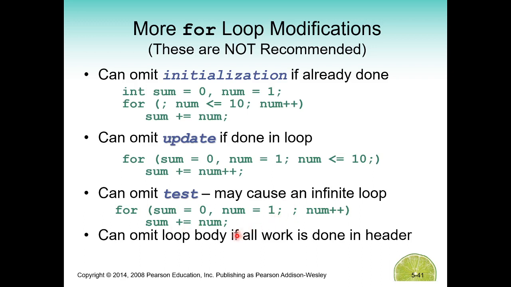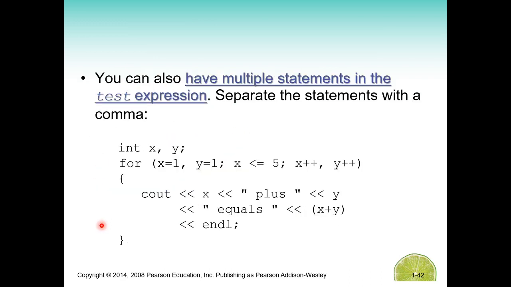We can also omit the body of the loop, which is sum plus equal none in this case, if all the elements we want are fulfilled here. But again, I'm saying these styles are not really recommended. For your level of learning, it's just for you to know that these modifications can be done. But for your practice, of course, you will not be doing this in any of your tests.